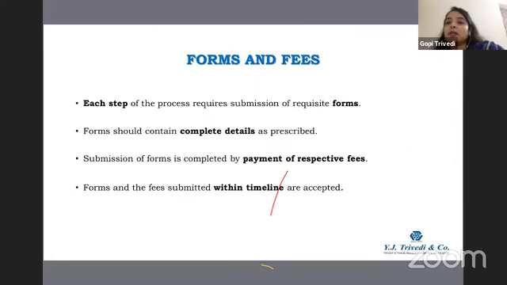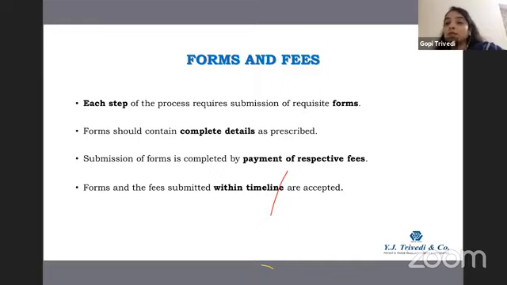Just remember one thing, this is a legal procedure. Whenever there is a legal procedure, it always comes along with a requisite form, requisite fees, and it always comes with a timeline. Keep these three things in mind while going through the prosecution of a patent: the right form, the right fees, and the right timeline.